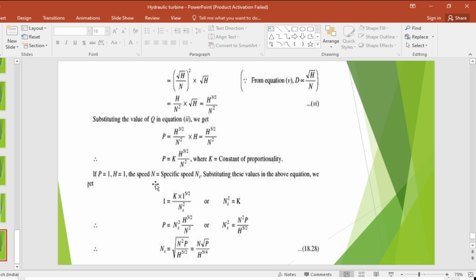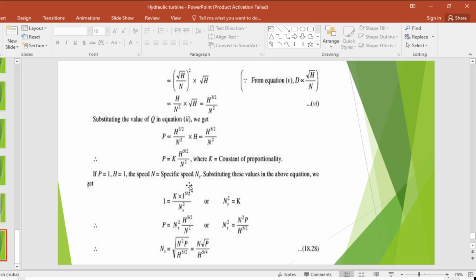As in the definition, this is a unit power when working under a unit head. So as the power is unit power, we can write P equals 1, and as the head is unit head, H is 1. Then the specific speed N is Ns.